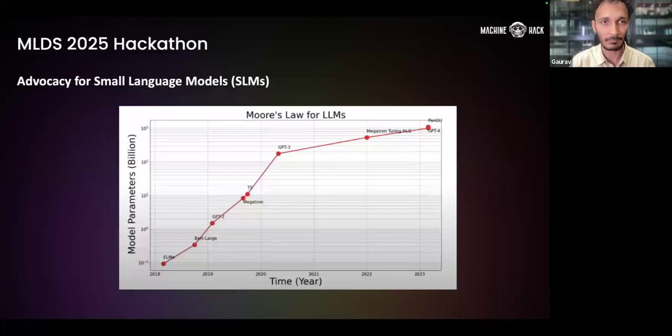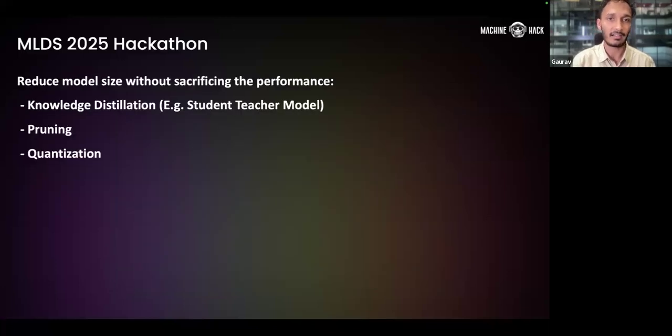So the hackathon, as we go ahead, asks you to use LLM models and be able to compress or reduce model size, work on model compression techniques to come up with an optimal model which can perform well on the sequence classification task. The task is very interesting.